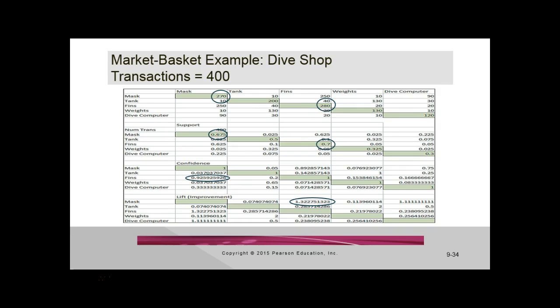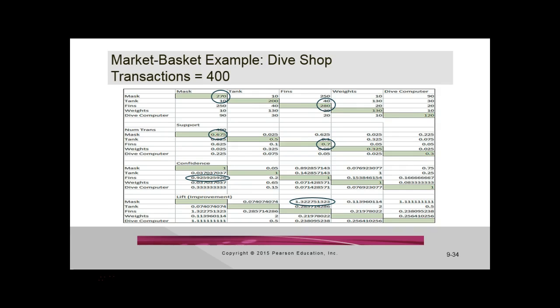It goes up. So lift is the conditional probability over the base probability. In this case, the base probability is 70, and 92 divided by 70 gives us 1.32.